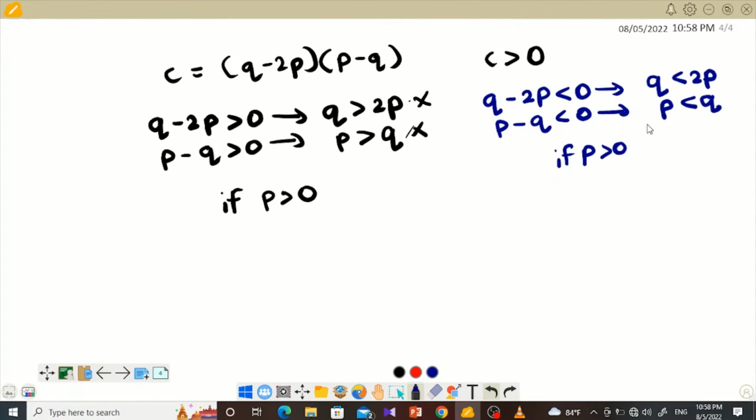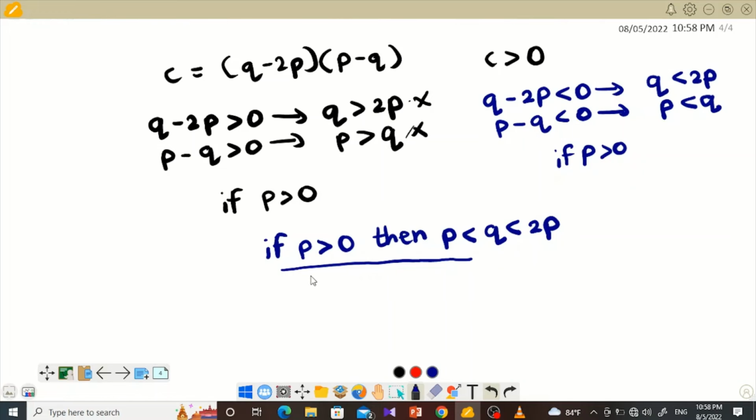So if p is greater than 0, I combine these two inequalities and I can write p is less than q and 2p is greater than q, and I obtained my inequality.